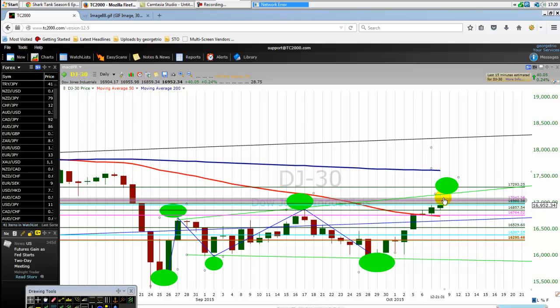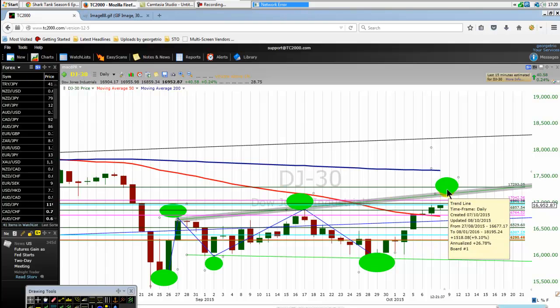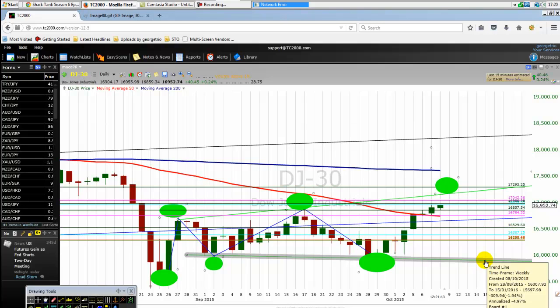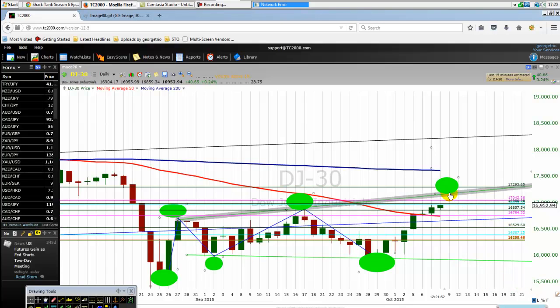I'll put the link in the description section for traders. So it's heading towards this section here, and when it reaches this level, our expectation is that it will come back down to the lower part of the expanding triangle, preferably down to the level of 155.51. That remains to be seen. So if you want to know more about how to trade this instead of just jumping on it, watch that video.